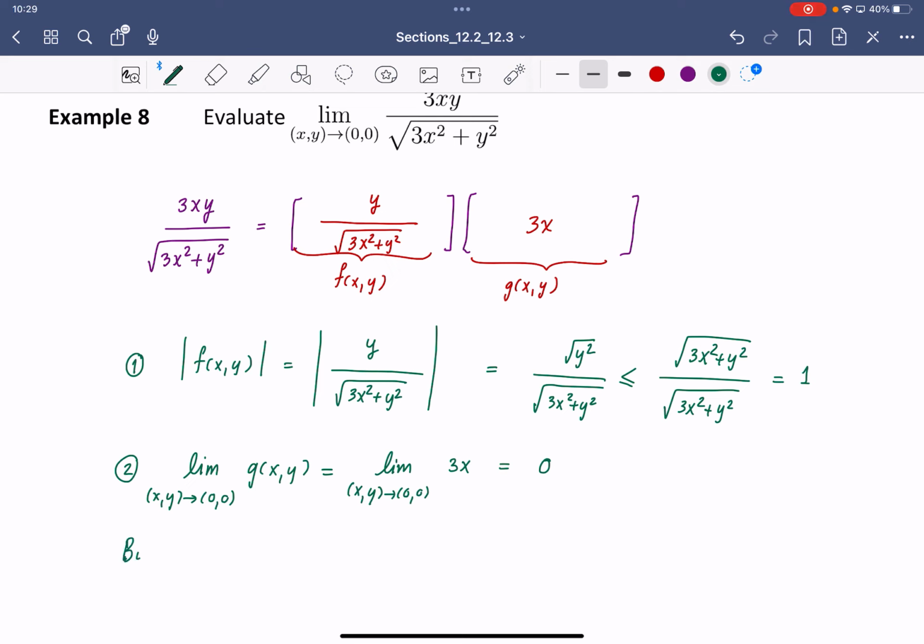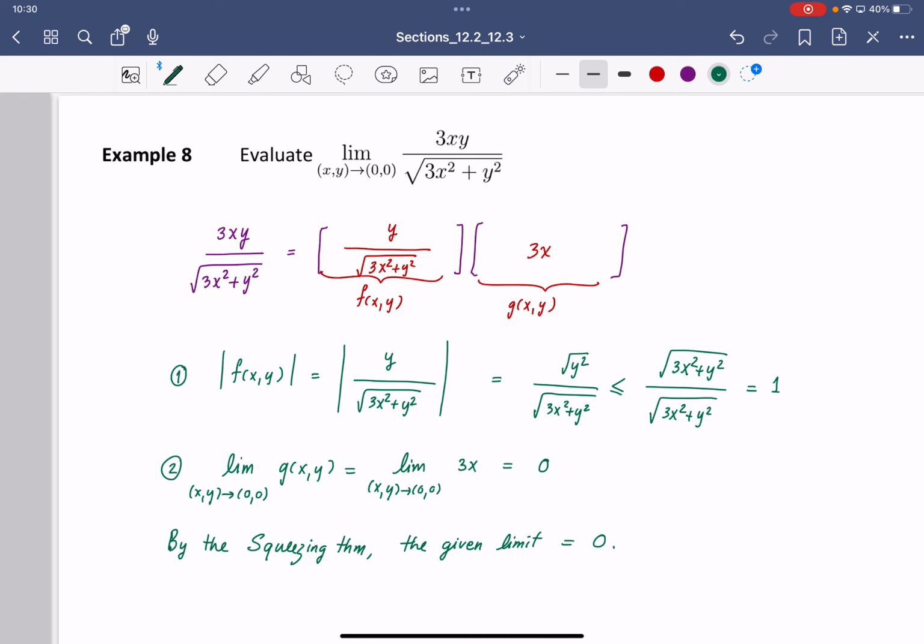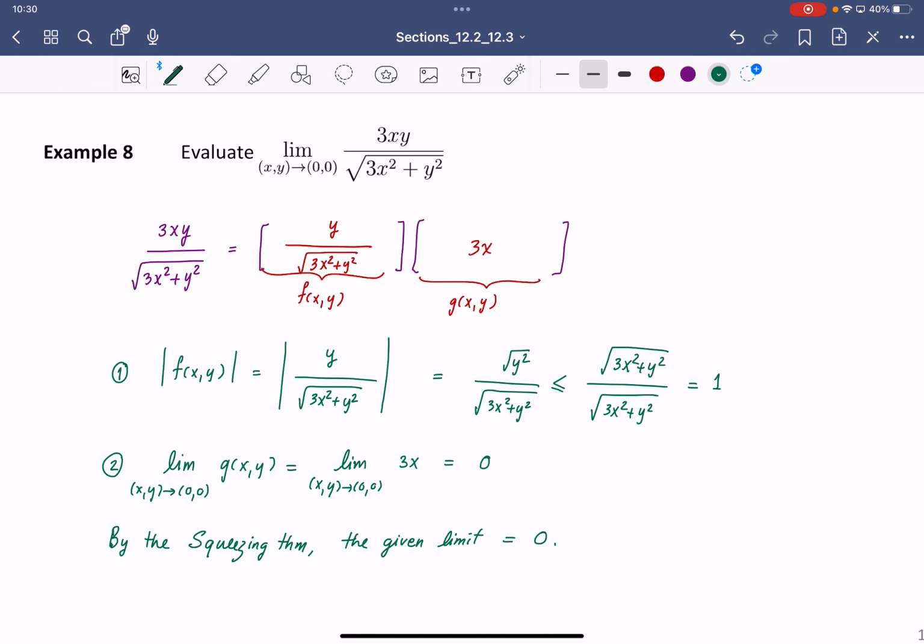So by the squeezing theorem, the given limit is 0. This is how to show the squeezing theorem here.